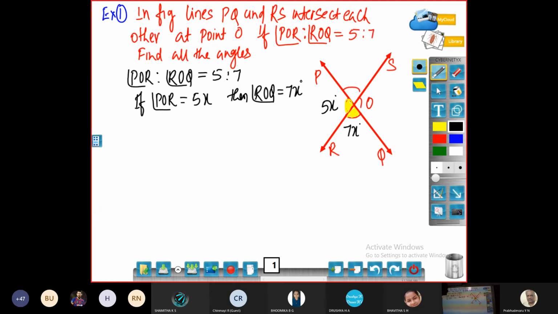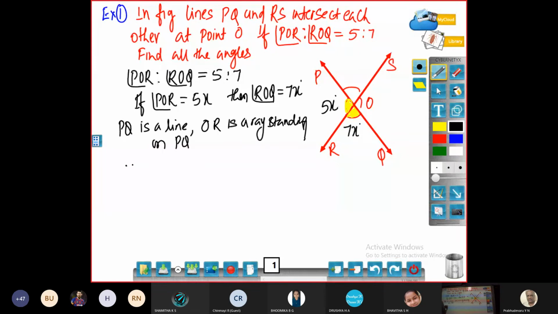Look at this. These two angles, POR and ROQ, are adjacent angles and form a line PQ. So in this diagram, I can write PQ is a line and OR is a ray standing on PQ.